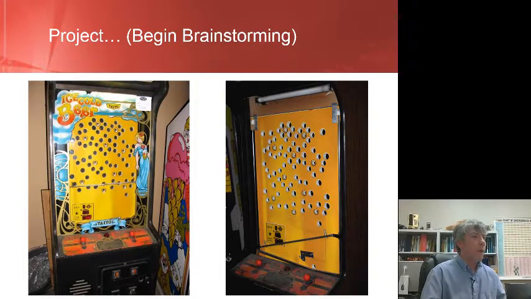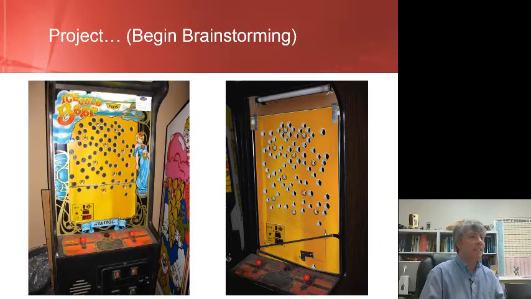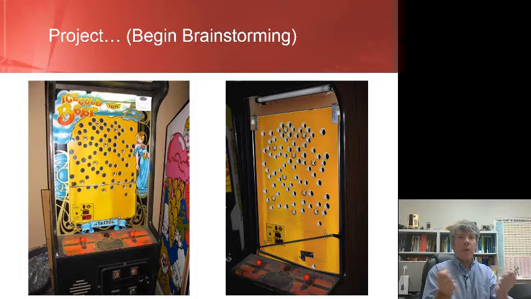So let's see. Oh, I should back up and talk about this. This is a game called Ice Cold Beer. It's a classic game. If you ever go to an arcade, which is getting hard to find these days, you might find one of these. It's an interesting game. Basically, there are two joysticks. There's no left and right waggle on either one of them, just up and down on each side.